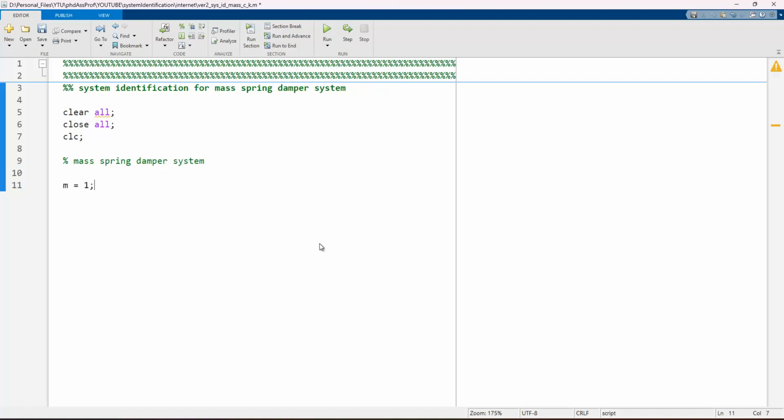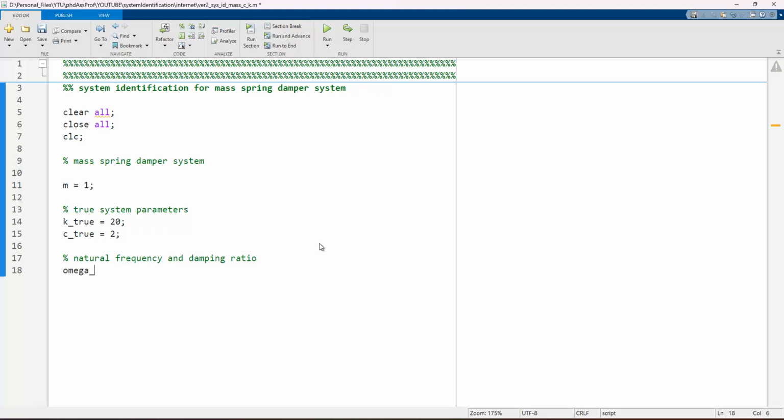The m is assigned to 1. It's 1 kilogram, and also we need to give the true system parameters in here. K true is equal to 20, and C true is equal to 2. Okay, and after that the natural frequency and damping ratio can be defined.